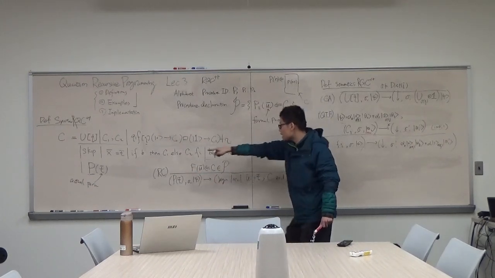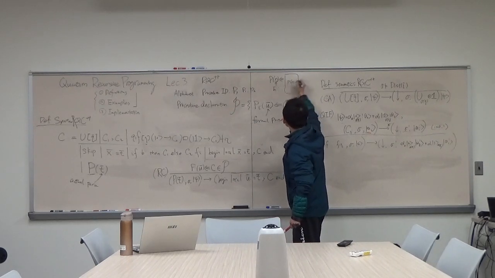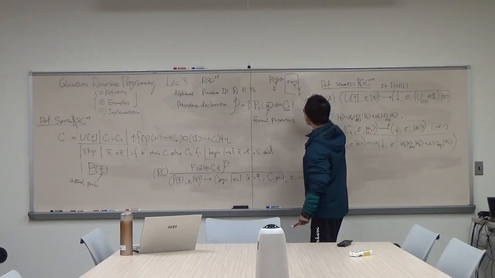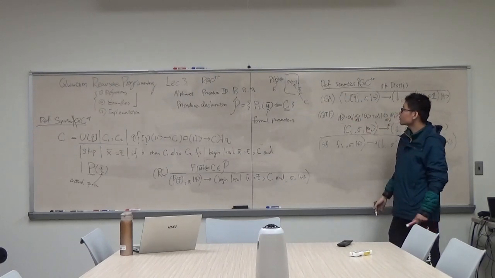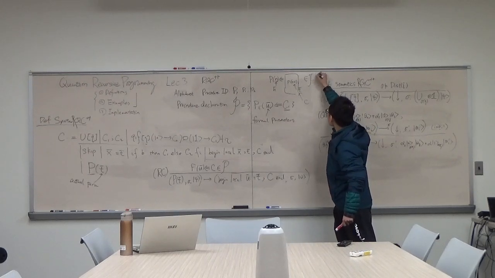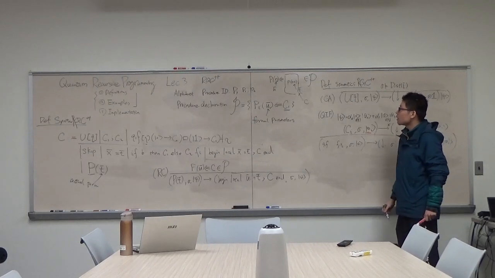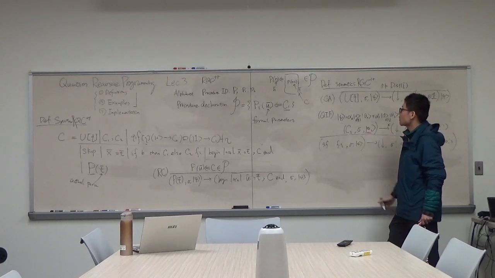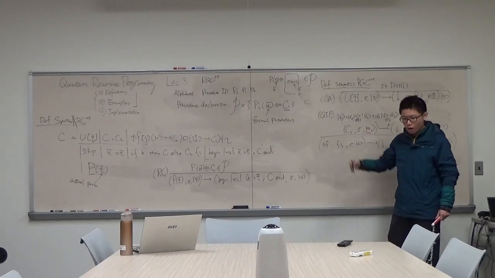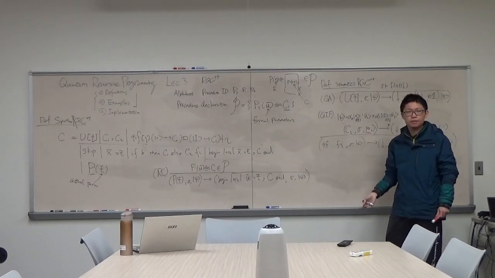So C can contain some P(T bar). This is U bar, this is T bar, and this will be in the procedure declaration P. Here we can see how we can call a procedure itself recursively.